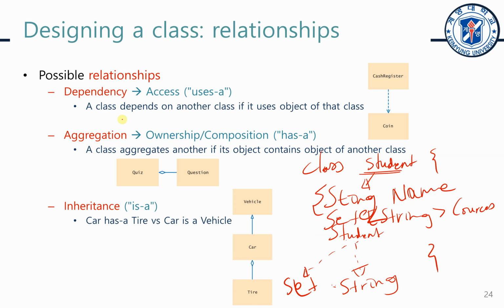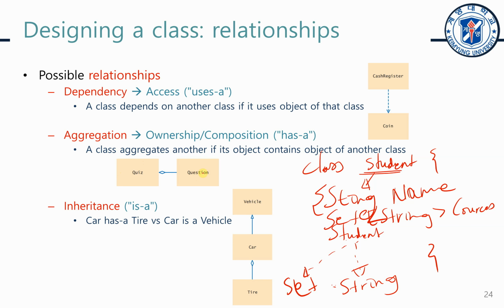The second is aggregation. Aggregation is when a class has an ownership or a composition. So a class aggregates another if an object contains an object of another class. So for instance, a quiz has a question, right?